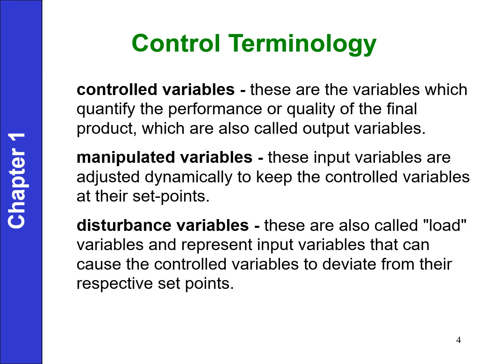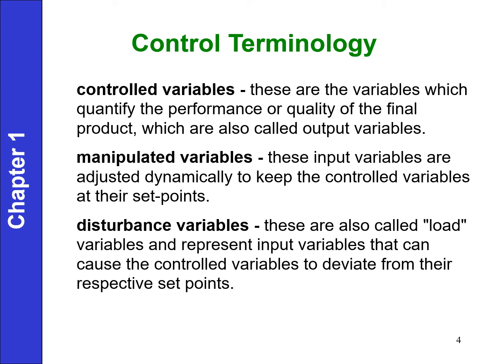Next, for you to understand this course, we must understand the control terminology that we are going to use. Firstly, what is meant by control variables, what is meant by manipulated variables, and what is meant by disturbance variables.